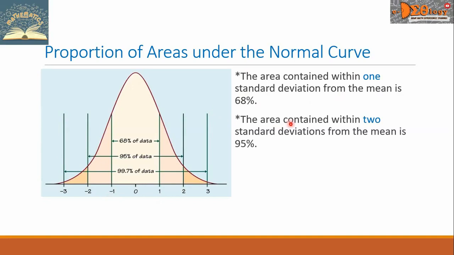The area contained within two standard deviations from the mean is 95%. It means from -2 up to +2, that is the 95% of the area.